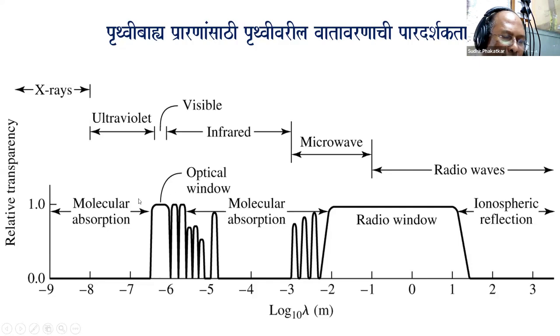This is because of wavelength. Whatever we see through optical waves or optical rays has a wavelength between 400 nanometers to 800 nanometers.